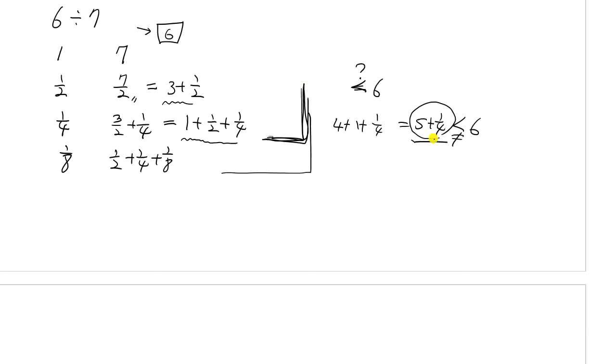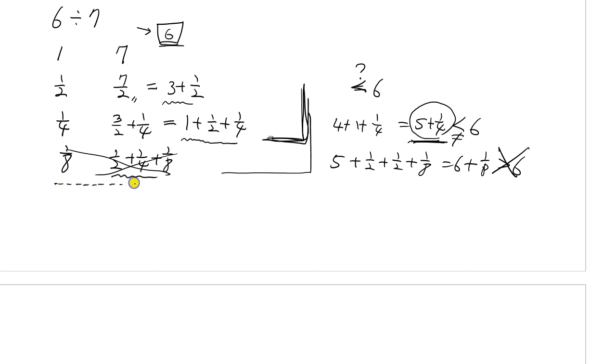So when we add this result to 5 plus 1/4, we have 5 plus 1 half plus 1 half plus 1/4. So it's 6 plus 1/8, which is greater than 6. We want exactly the same number as 6 here. So we realize this is not necessary, because whenever we add them, we just get it. So we have to just stop there.